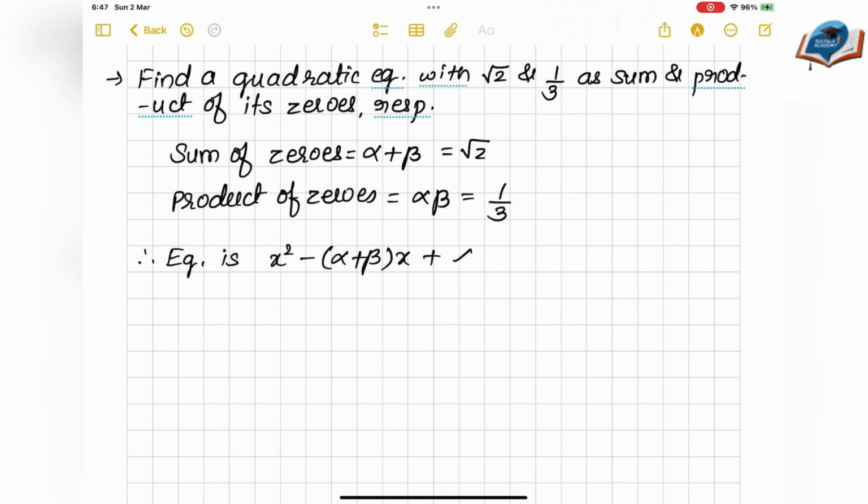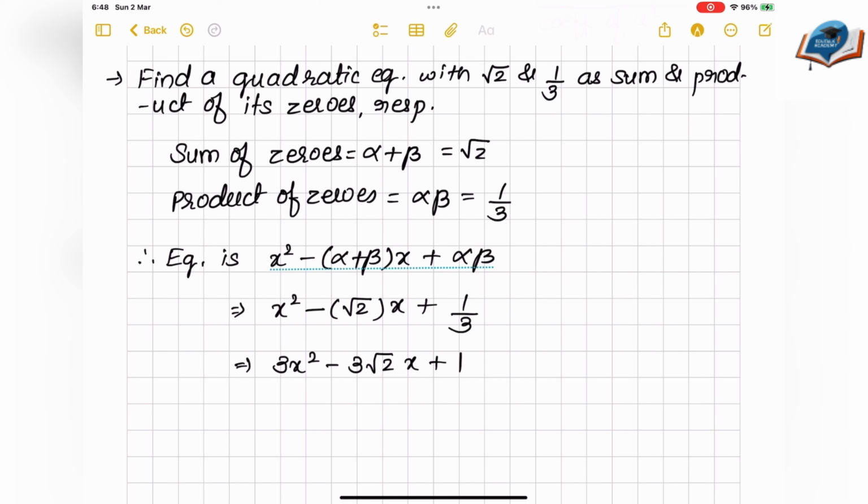So here if I put the values, the equation will be x square minus root 2 x plus 1 upon 3. So in the denominator I don't keep 3, so I can multiply everything with 3. So 3x square minus 3 root 2 x plus 1. So this is my required quadratic equation.